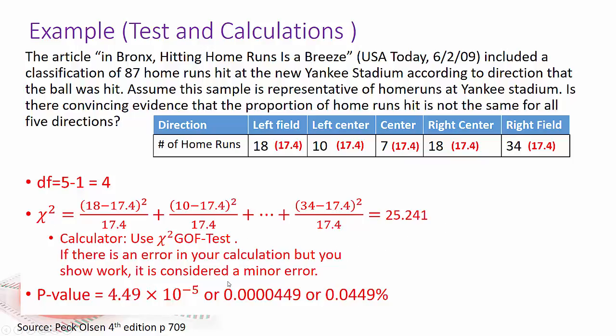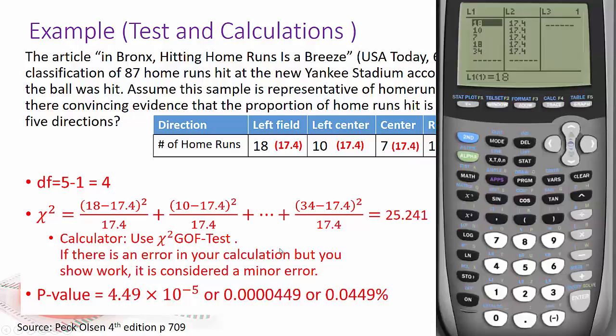Okay, and here's the p-value, but how did we get that? So I could take this chi-squared after I actually calculate it by hand and look it up on the table. Remember, my degrees of freedom is 4. Or what I can do is go ahead and use the goodness of fit test. So here I have a list of all my observed counts, and I entered my list of expected counts.